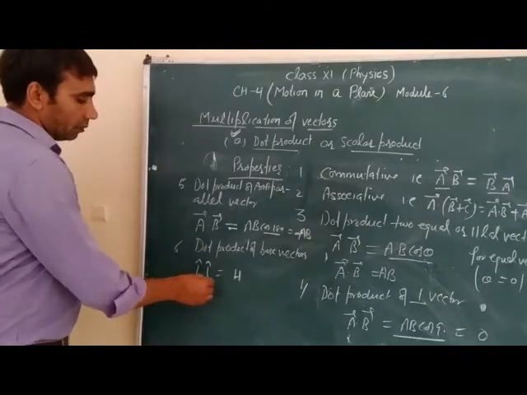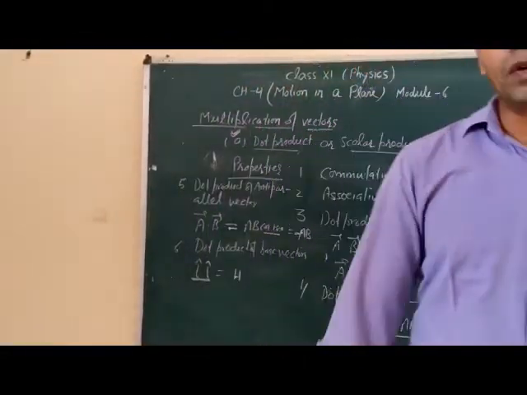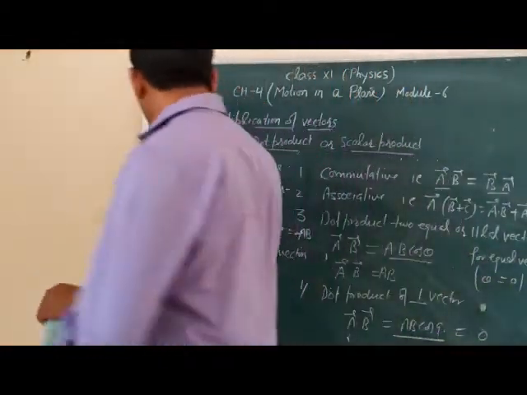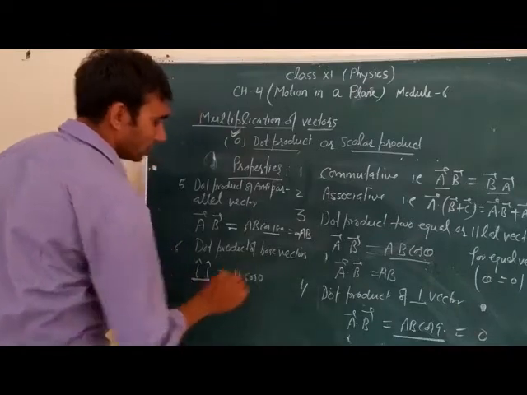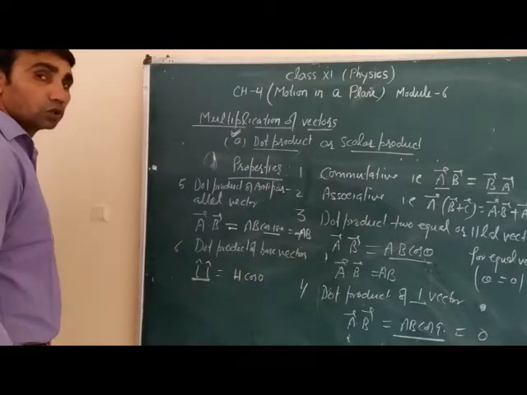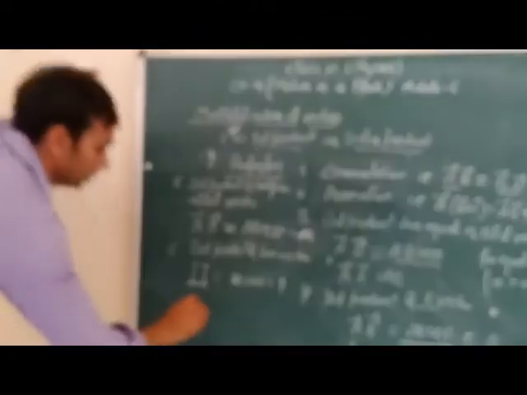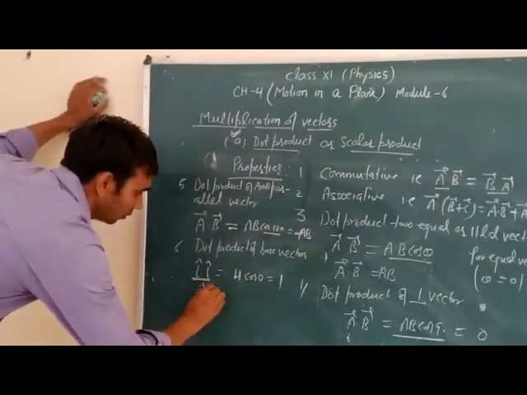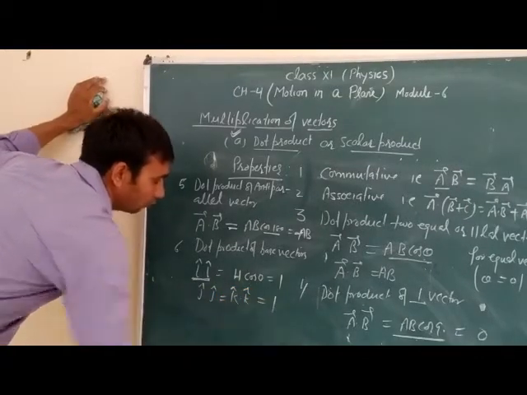And the angle between two equal vectors, as we have discussed, is 0. Cos 0 is equal to 1, so I dot I is equal to 1. Similarly, j dot j and k dot k are equal to 1.